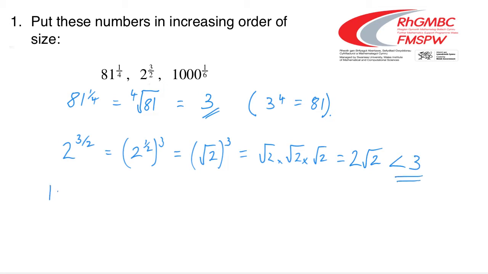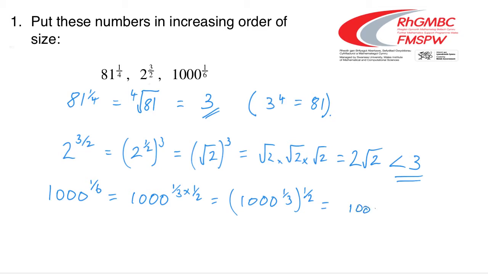The next value is 1000 to the power 1/6, which we can consider to be 1000 to the power 1/3 multiplied by 1/2, which we can then consider to be 1000 to the power 1/3 raised to the power 1/2 from the laws of indices.